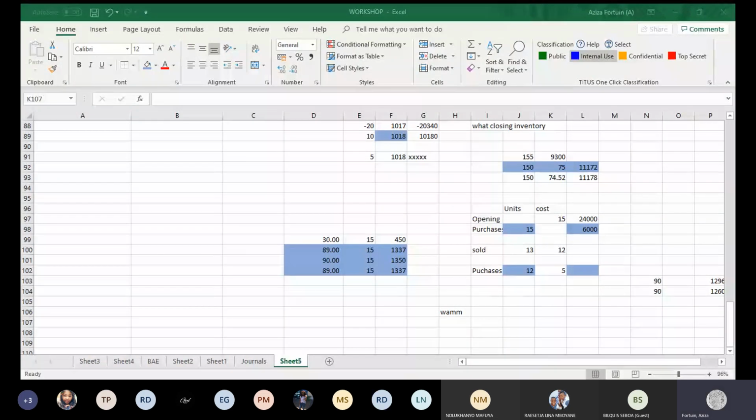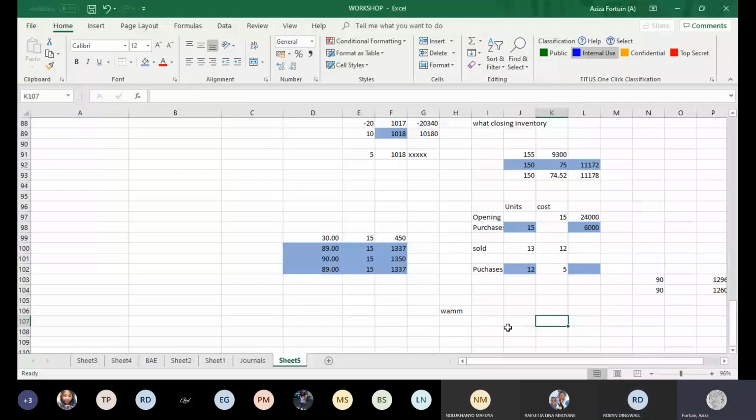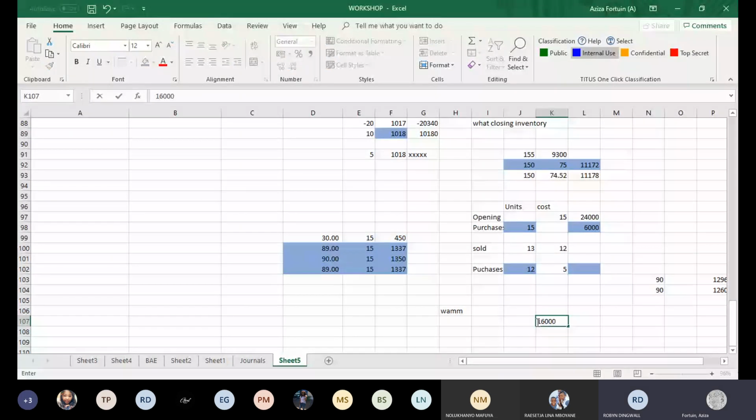I got the opening units to be 16,000. And then do you want the unit cost for the purchases as well? The whole answer, the closing inventory answer.